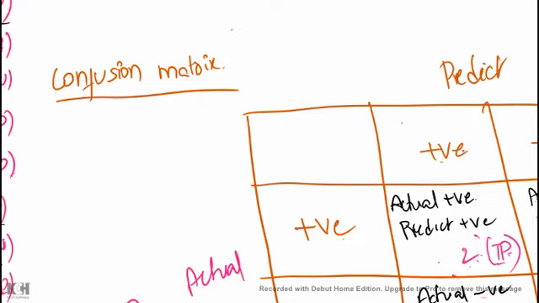And we have true positive rate, false positive rate, false negative rate, and true negative rate.